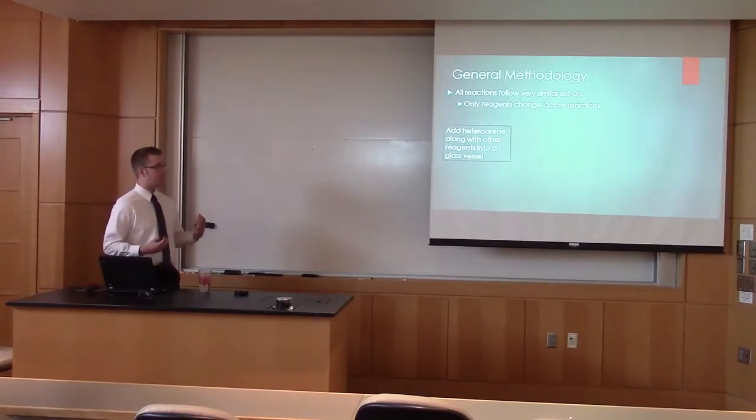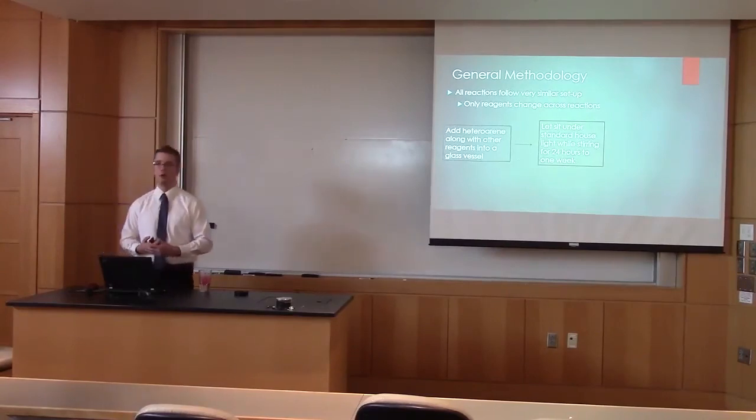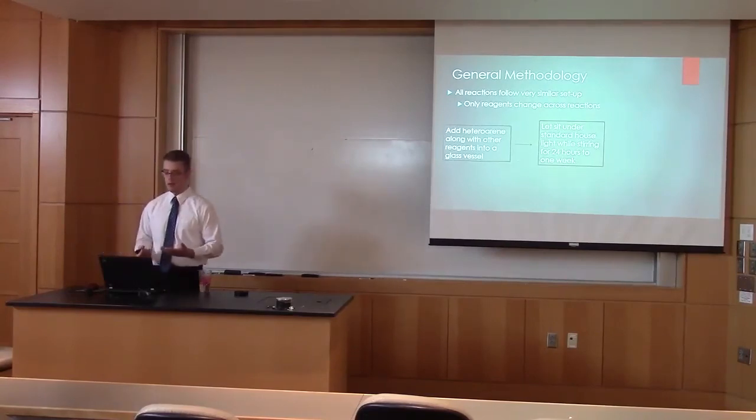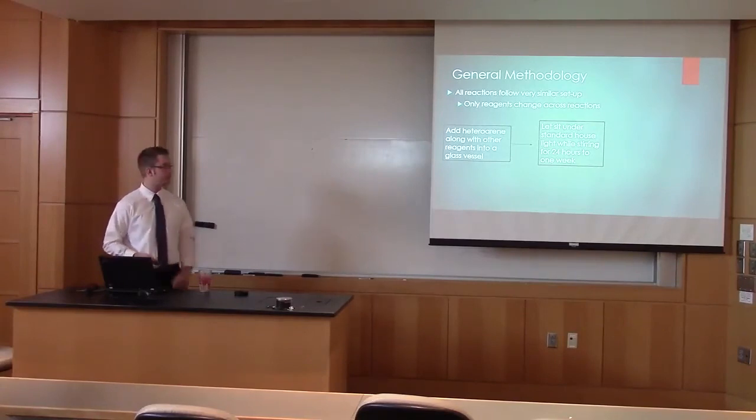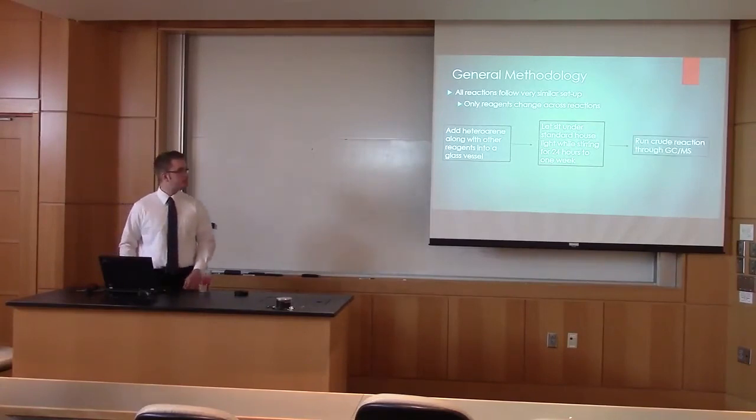We're going to add that into a glass vessel, a round bottom flask, for instance. And then we're going to let it sit under a standard house light, so this can be any light bulb, for about 24 hours to a week, while this light is shining onto these reagents. And then we're going to run this crude reaction at the very end through a GC-MS and see what we get.